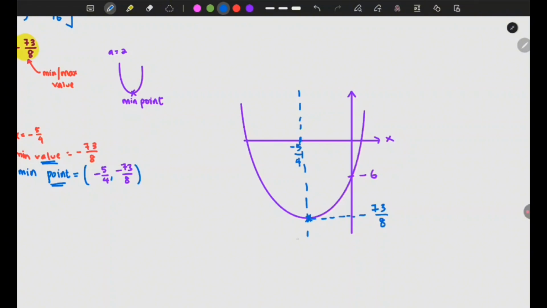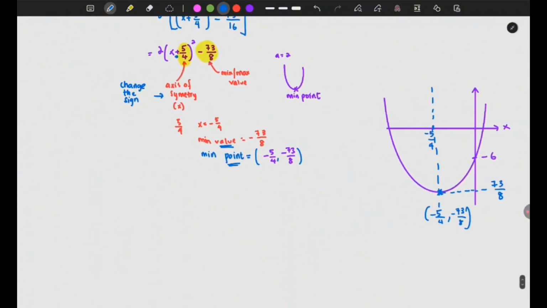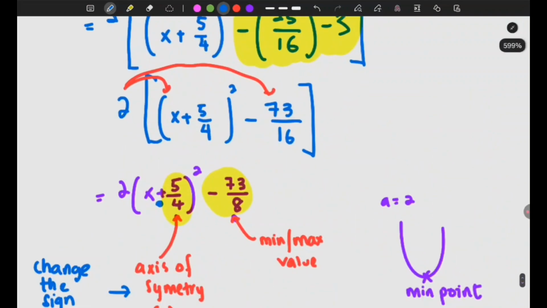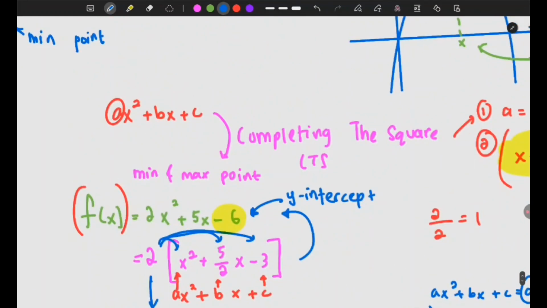And not only that, we have a name to represent the minimum and maximum point. We call it vertex form. This is general form, right? If you do completing the square, you will get vertex form.